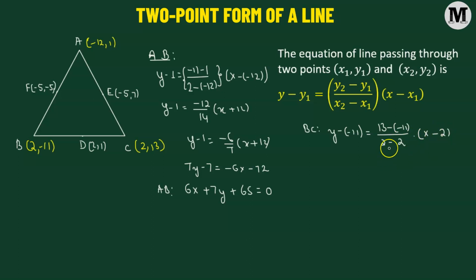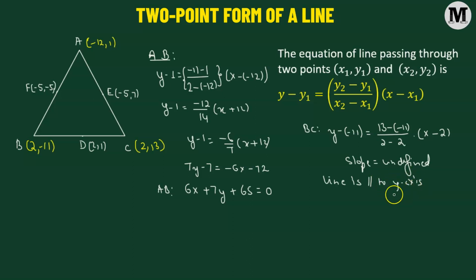So x1 will be 2. However, we can immediately observe here that the denominator has 0. That means we have a division by 0. So any line which has a division by 0, the slope of that particular line is undefined. If the slope is undefined, that means this line is parallel to the y-axis.